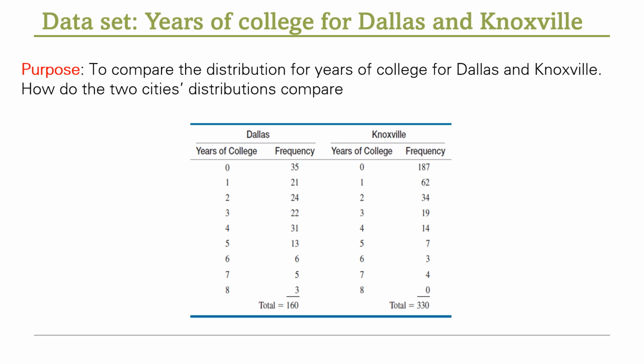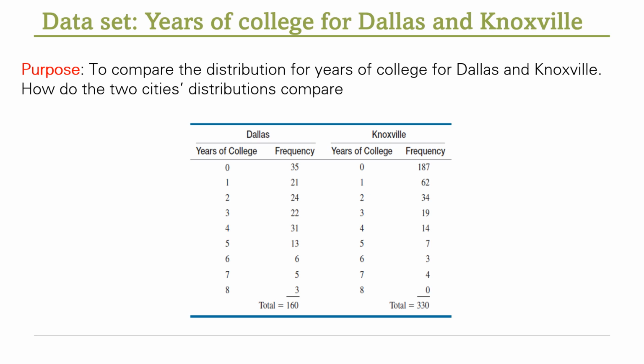With this presentation, can we make direct comparison to summarize years of college for these two cities? The answer is no. We cannot make summary by directly compare one to one. This is because the two cities do not have the same total of observation.